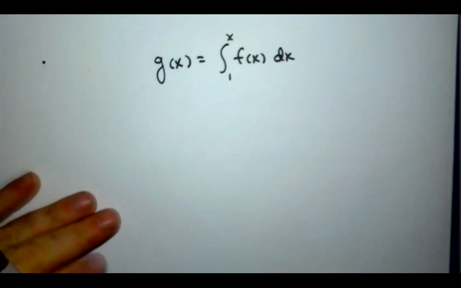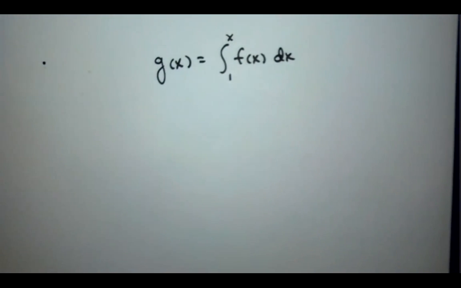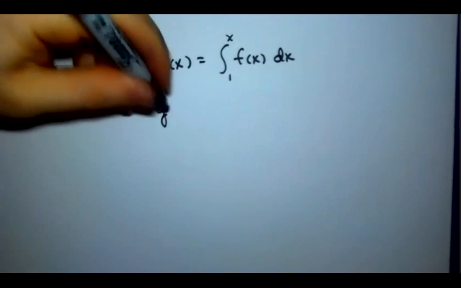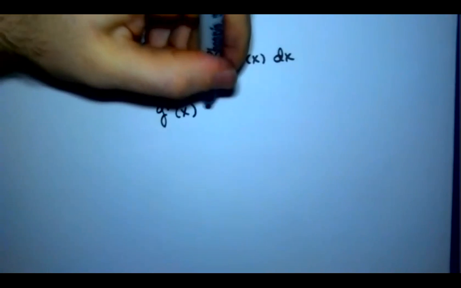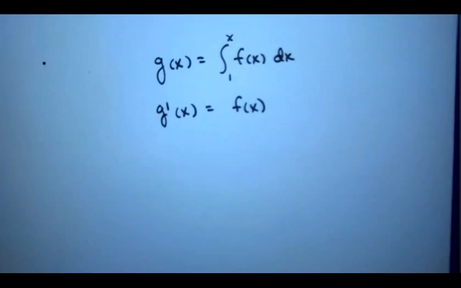Okay, if I tell you to find g prime, g prime of x is equal to f of x. Does that make sense? Yeah, I get it. If you derive an integral, they wipe out.